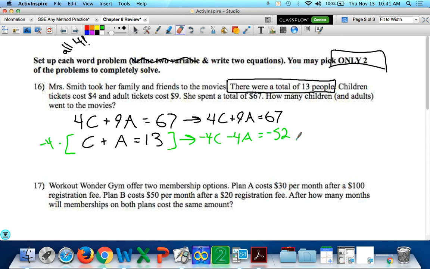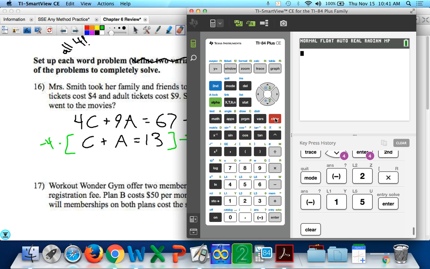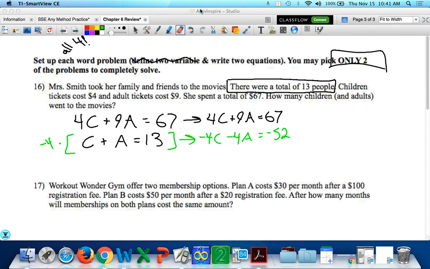I'll double check myself there real quick. That was a little bit of quick math in my head, but I'm not really that great with my 13 times tables. So let's double check. -52. No harm in putting it in the calculator, okay? Whenever we add these together, my C variables are going to eliminate, and I get a positive 5A equals 15, okay?